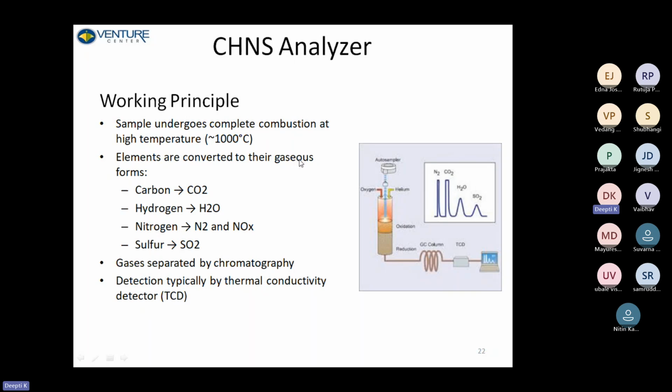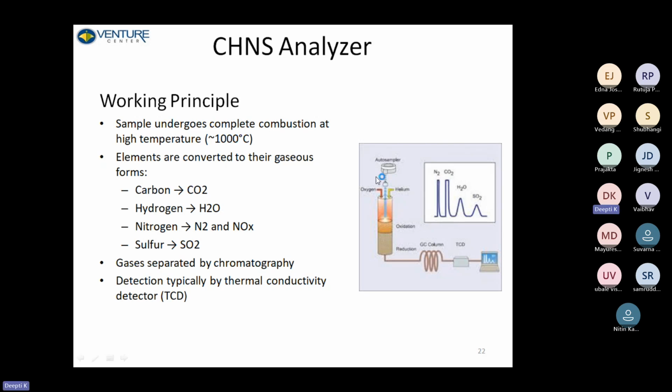CHNS analyzers fulfill that requirement, and they have a specific methodology where accuracy, precision, detectability, and range have been taken care of. CHNS analyzers are primarily used for organic compound characterization. What information do they give? They help us determine empirical formulas, or they give us structural information or structural conformation. Sometimes they're also used for purity assessment of a particular sample.